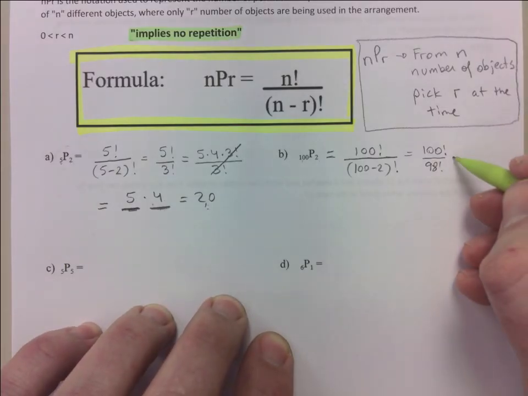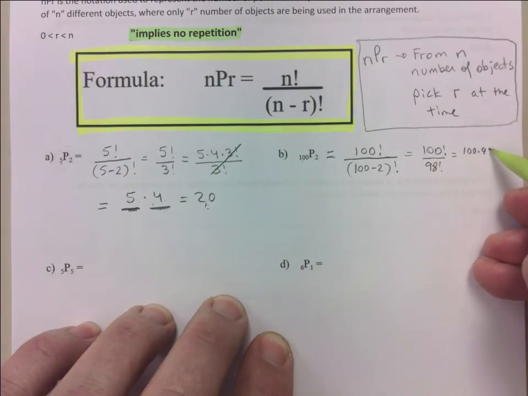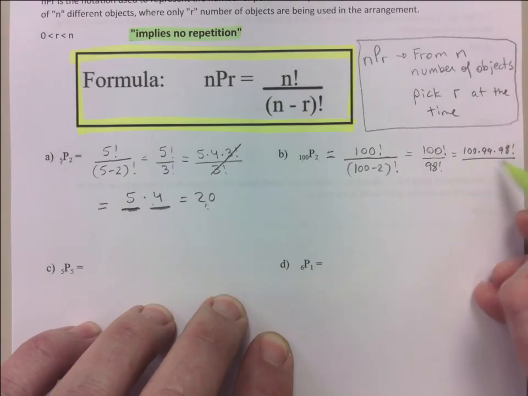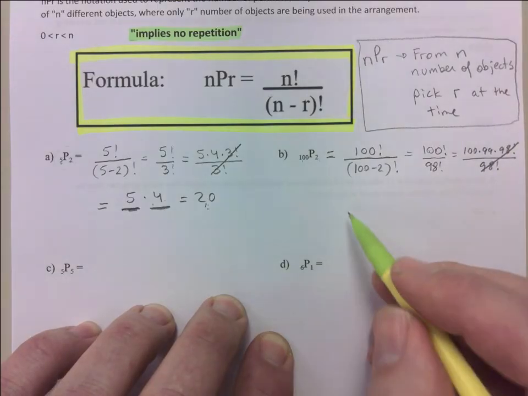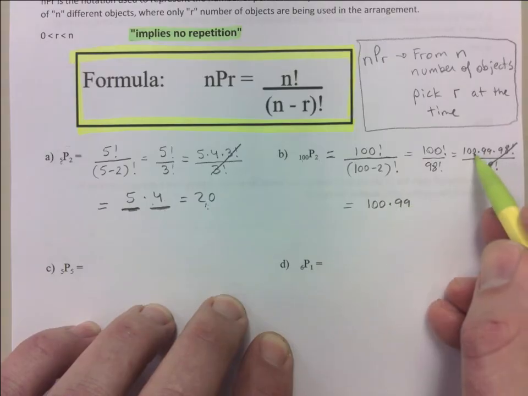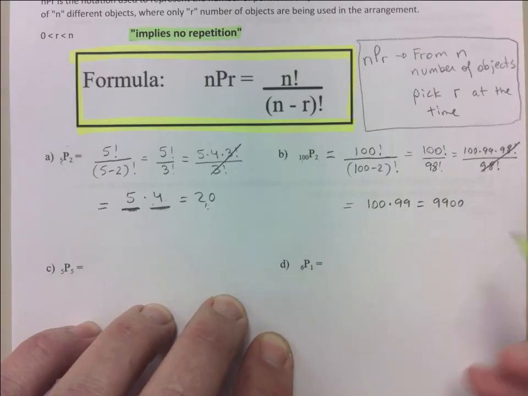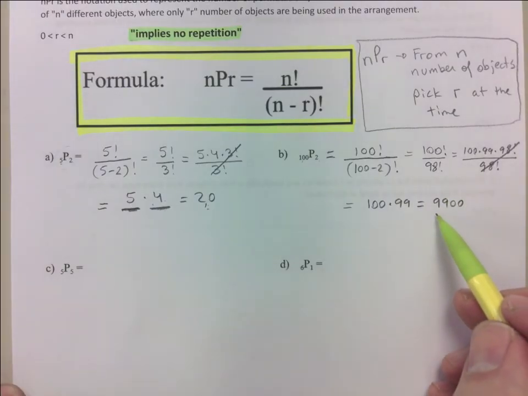That is 100 times 99 times 98 factorial over 98 factorial. Cancel out. What are you left with? 100 times 99, which is 9,900 options, right?